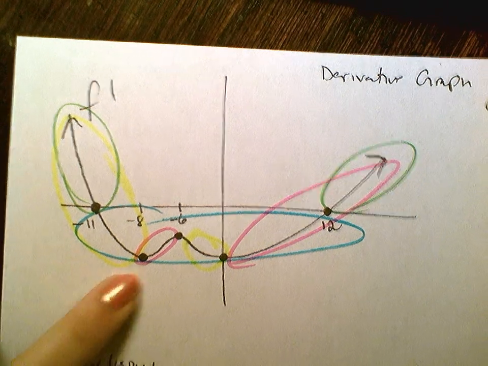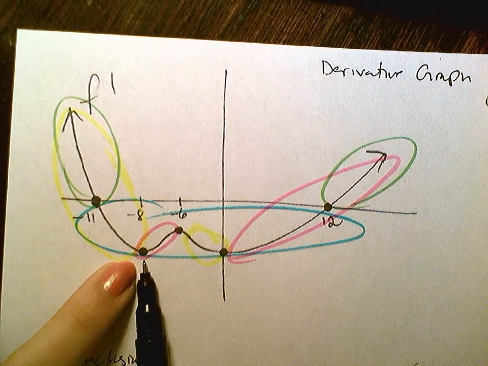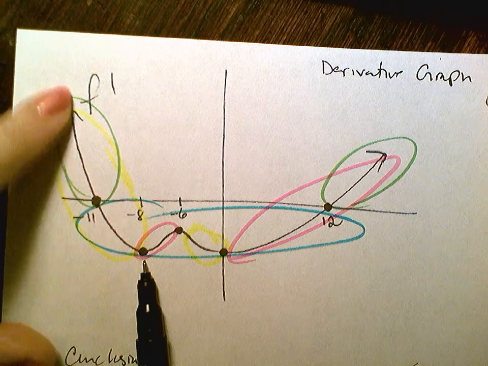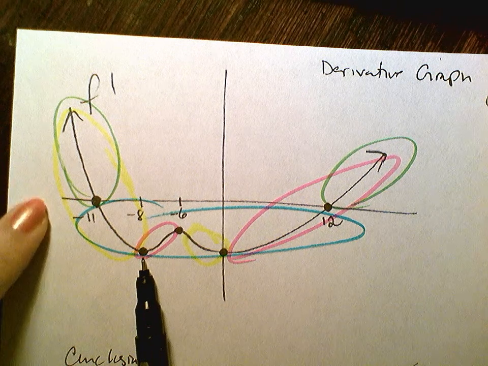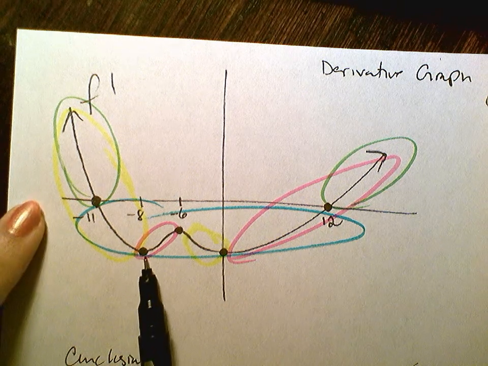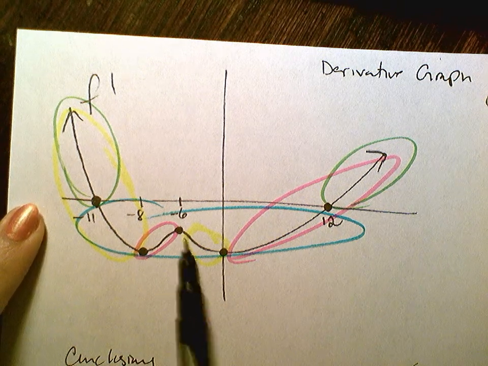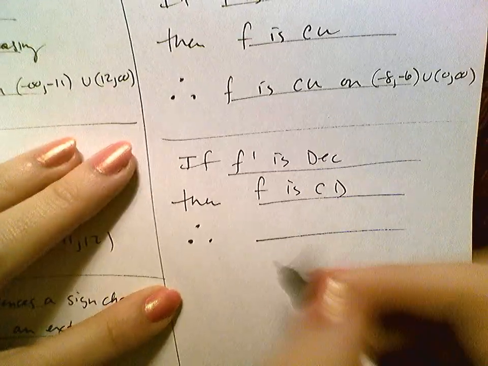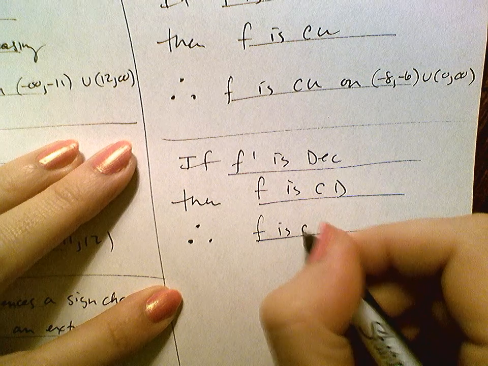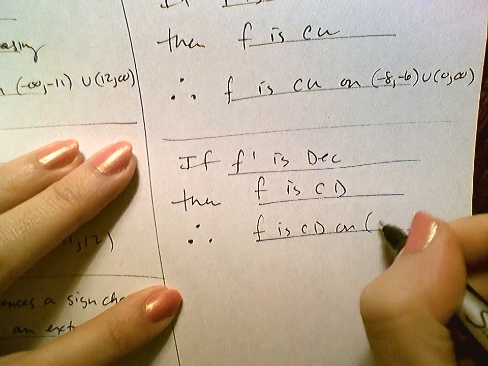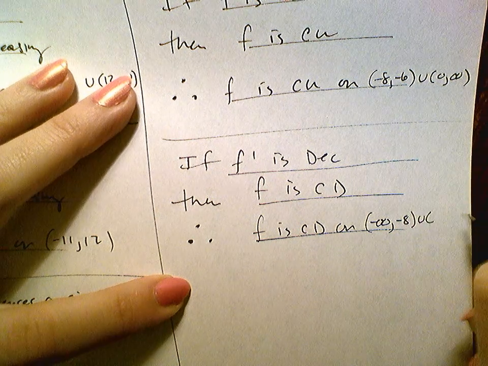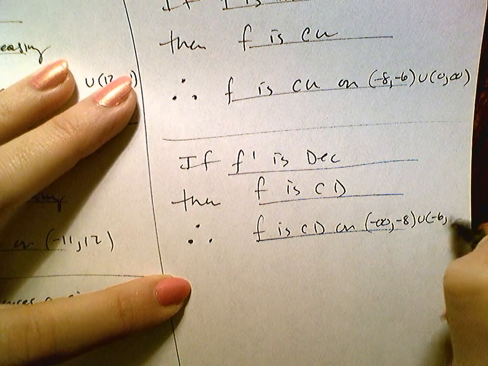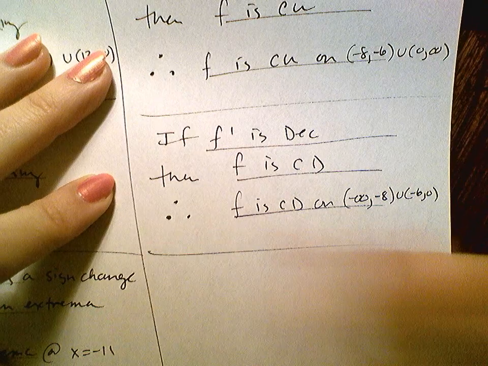Since f prime is decreasing on this interval, f is concave down on this interval. So f is concave down from negative infinity to negative 8, union from negative 6 to 0. Therefore, f is concave down on negative infinity to negative 8, union negative 6 to 0.